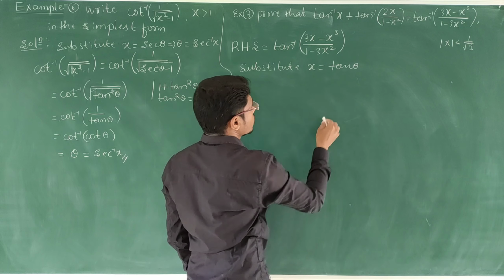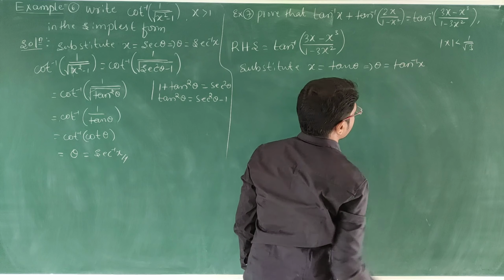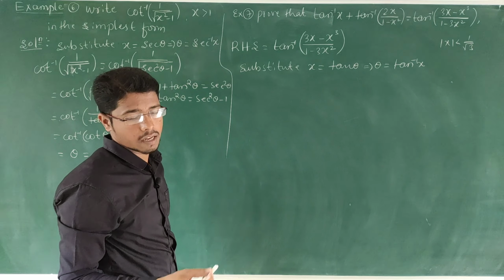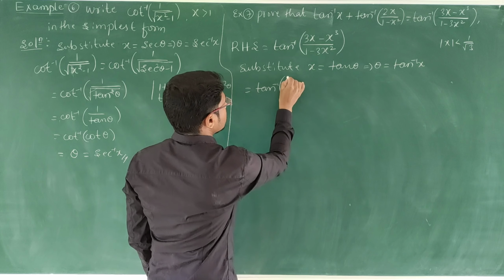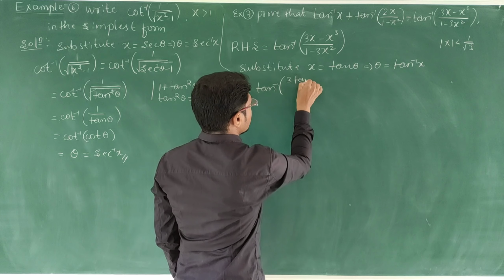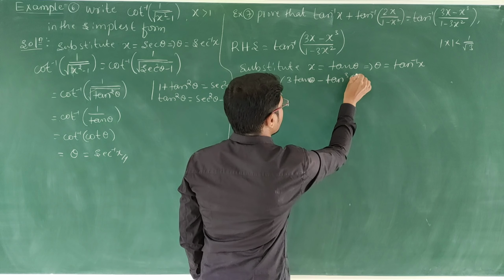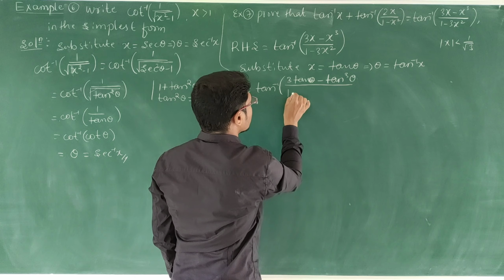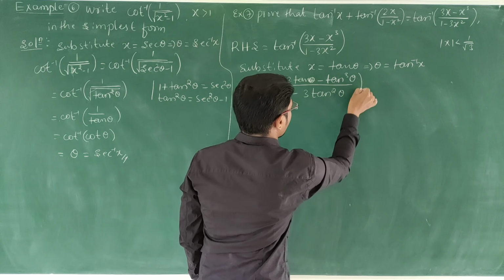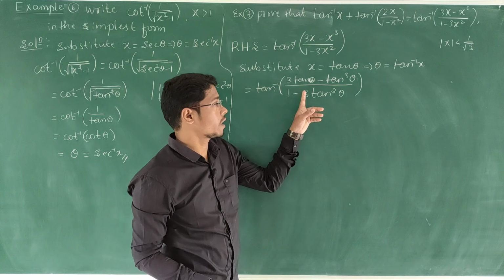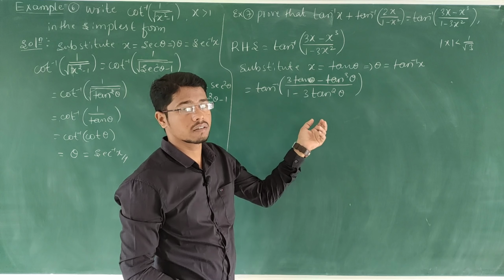So this implies theta equal to tan inverse of x. So tan inverse of 3 into x is tan theta, minus x cube is tan cube theta, divided by 1 minus 3 x square is tan square theta. So see, 3 tan theta minus tan cube theta divided by 1 minus 3 tan square theta, this is the formula of tan 3 theta.